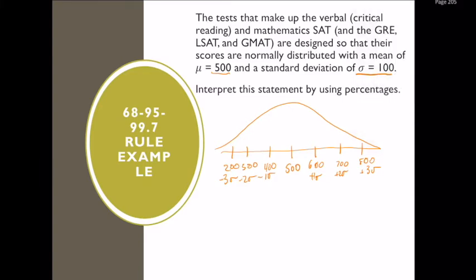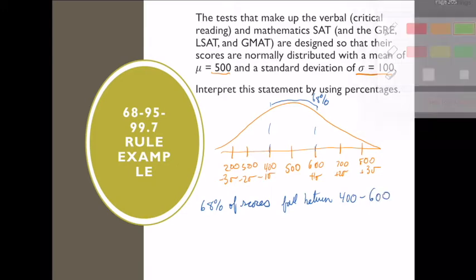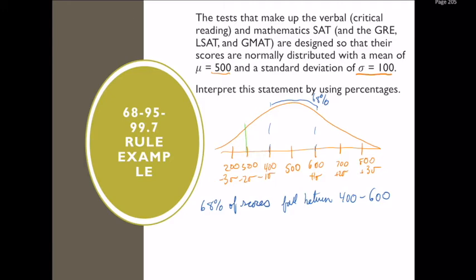So let's interpret this statement using percentages. Let's look at the first standard deviation. Well, within the first standard deviation, we have 68% of data. So I could say 68% of scores, because our data is test scores, fall between 400 and 600. Now I can look at the second standard deviation. Well, I know that 95% of data falls within the first 2 standard deviations.